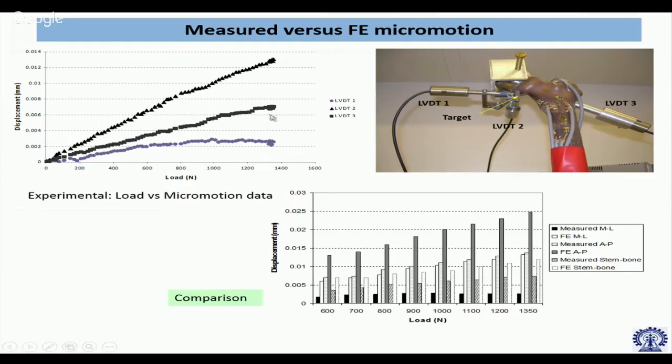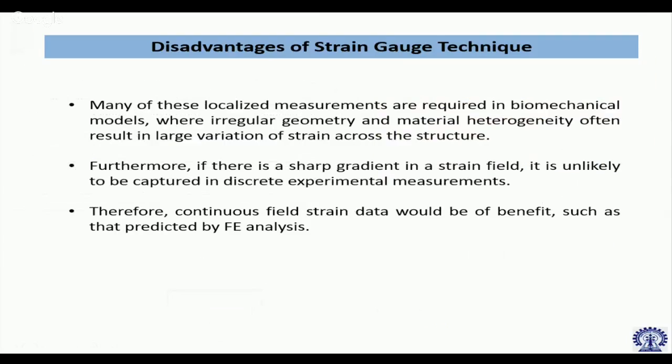LVDT3 is in the middle. We have tried to compare, and although there are some deviations, definitely the trends are similar. We performed this experiment and published the work in 2010, conducted under the UK-India collaborative project with the University of Southampton.